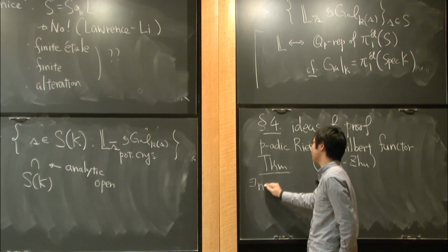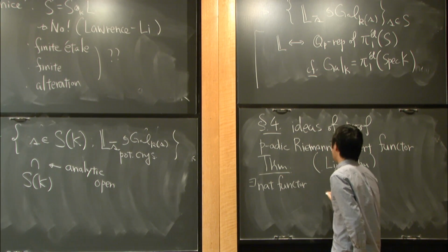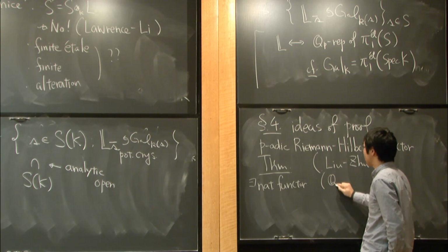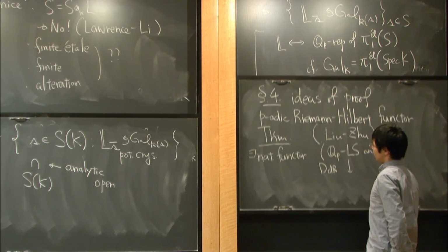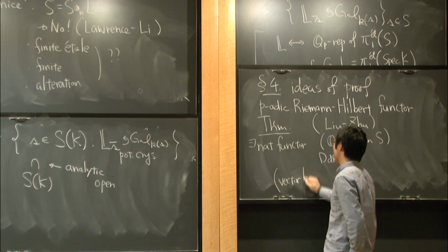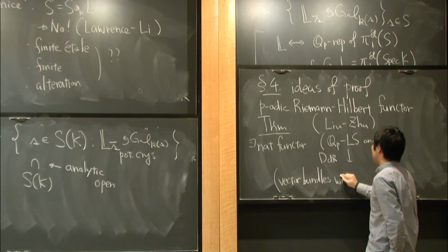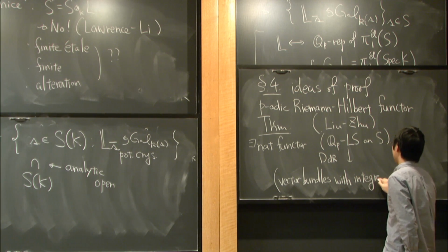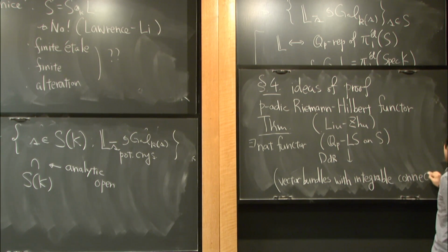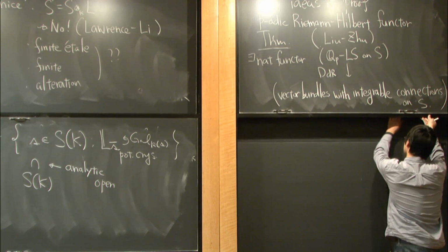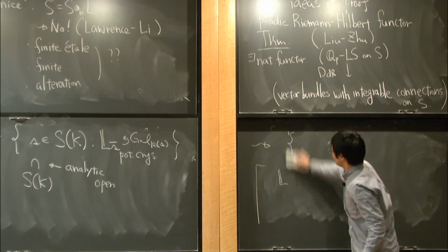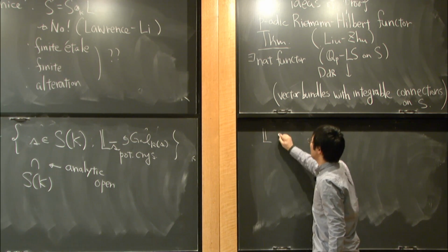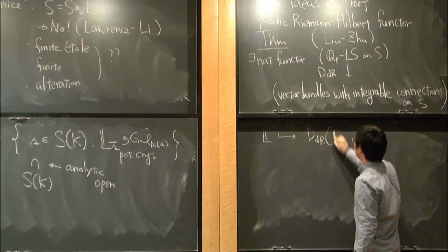So there exists a natural functor, denoted by D_dR, from Q_p local systems on S to vector bundles with integrable connection on my variety S. Namely, to L you want to associate a vector bundle denoted by D_dR(L), with a connection.